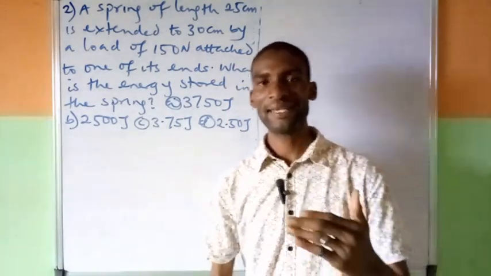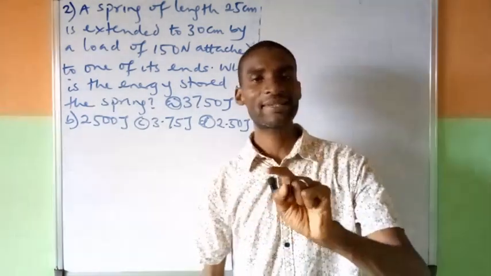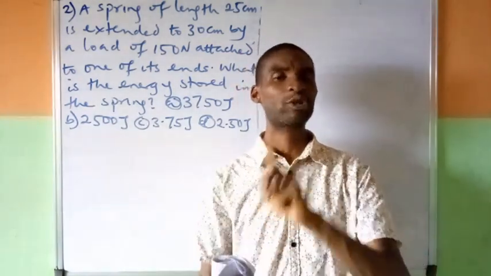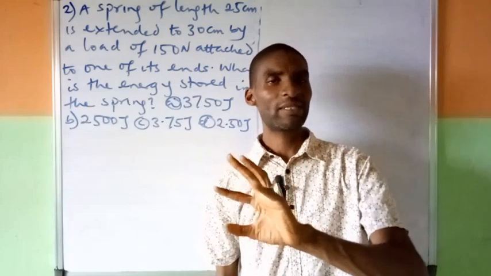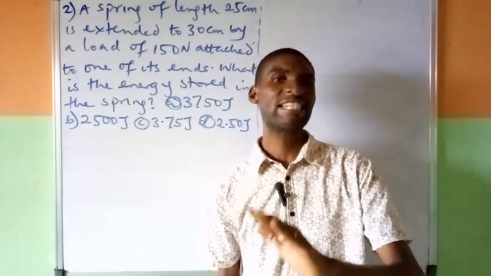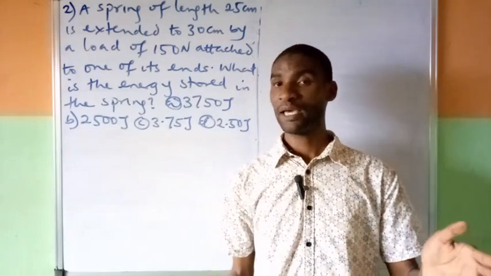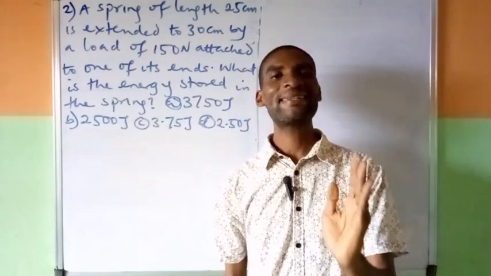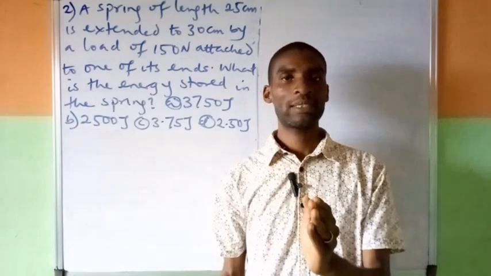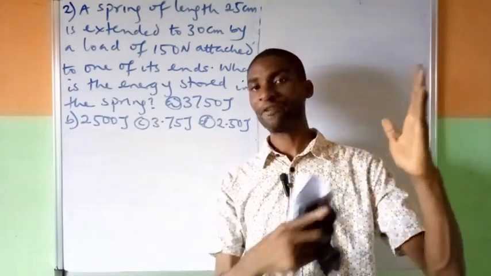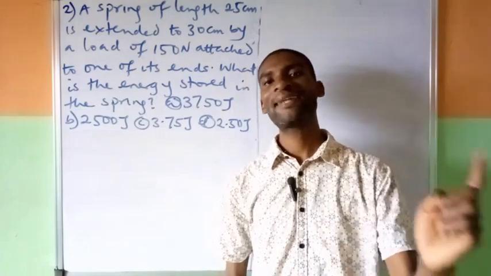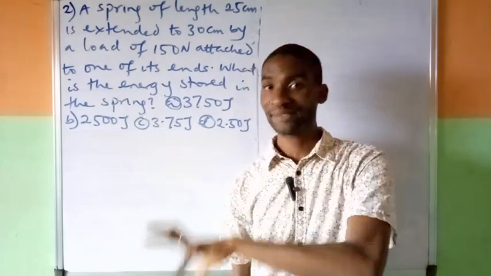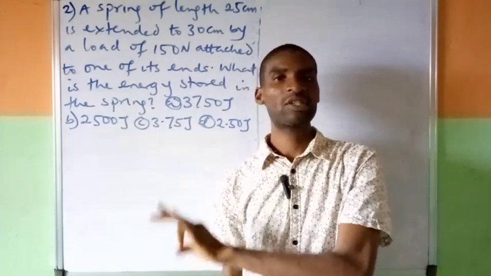If I say a length of 5 meters is extended by 2 meters, that means the new length will be 7 meters. But if I say it is extended to, that means the initial is 5 meters, then extended to 7 meters. That is the second length, which is the new length.